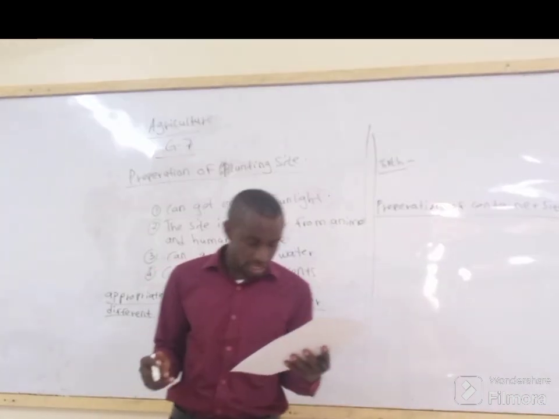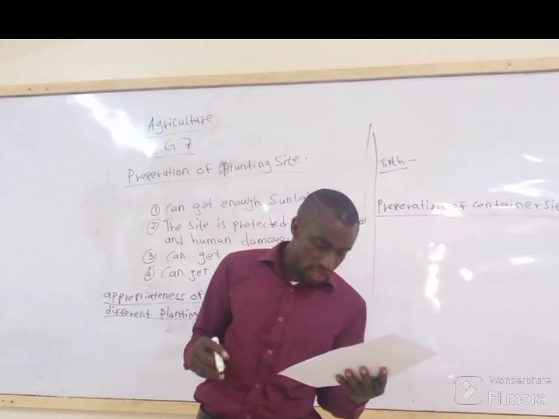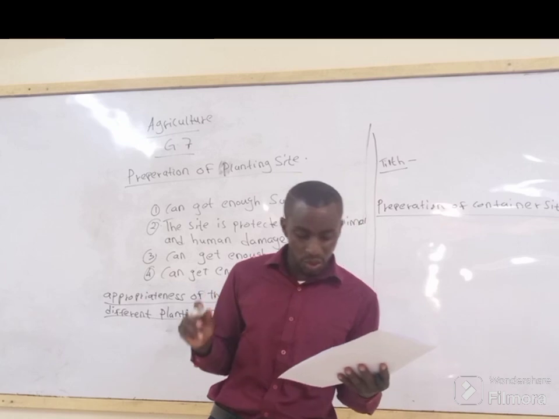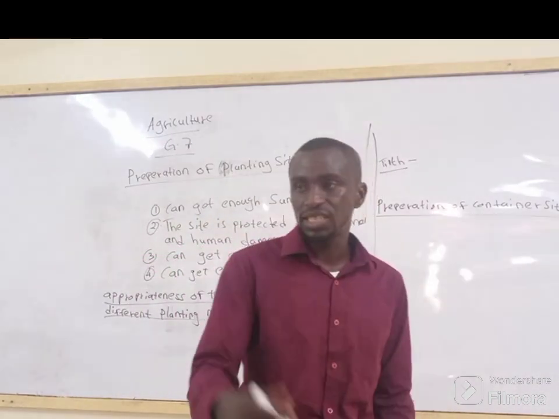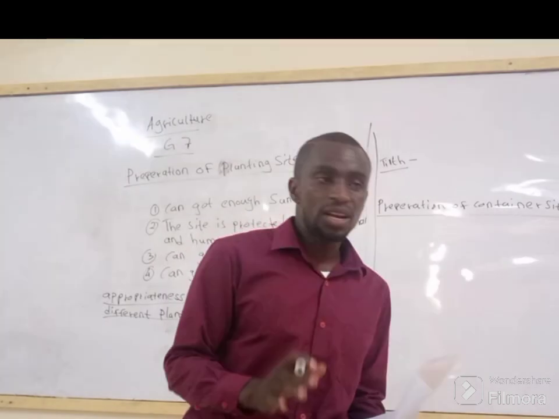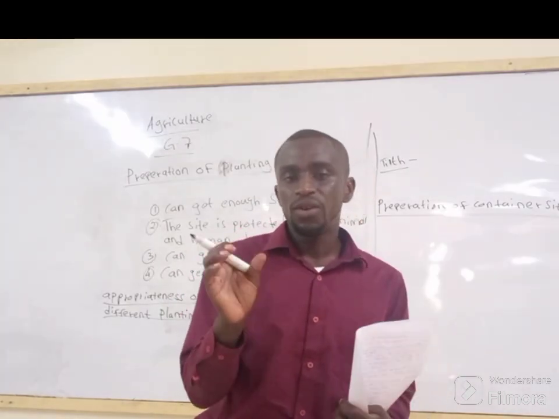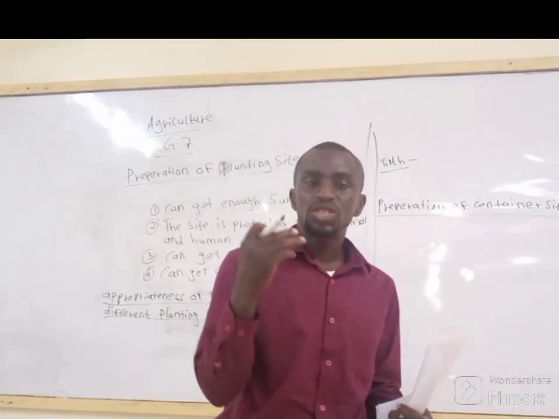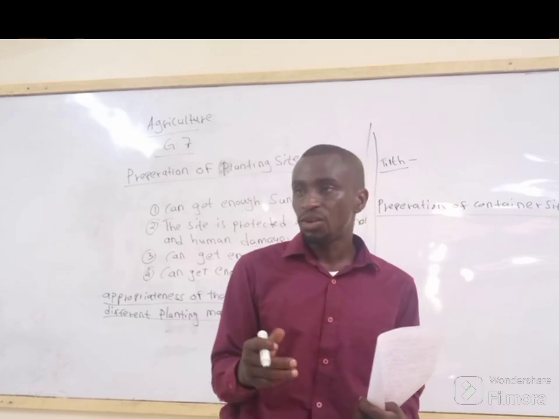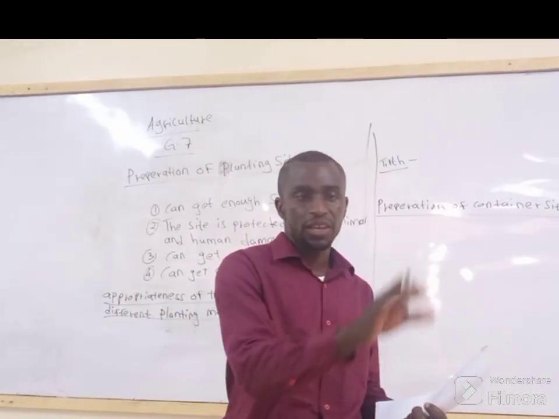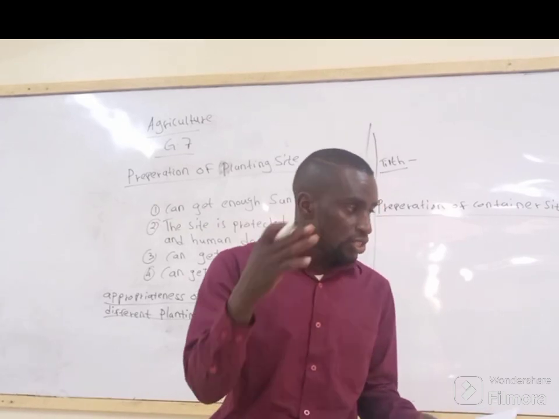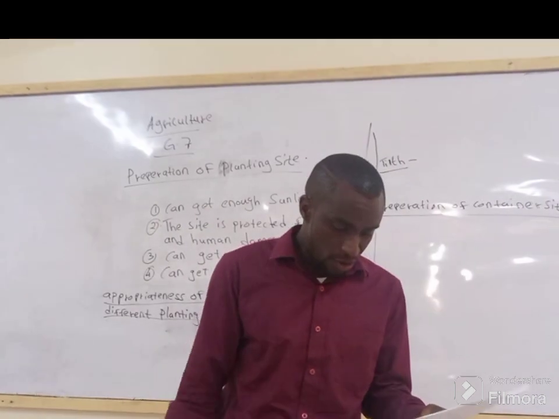Then number 4, fill the container with a mixture of soil and manure. First of all, you mix the soil properly. After mixing, you fill the container with the mixture of soil and manure.